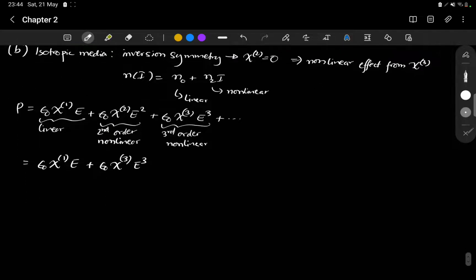Let us write down the electric displacement vector in such a scenario. So electric displacement vector is epsilon naught E plus P. So this is epsilon naught E plus P we have from this expression.